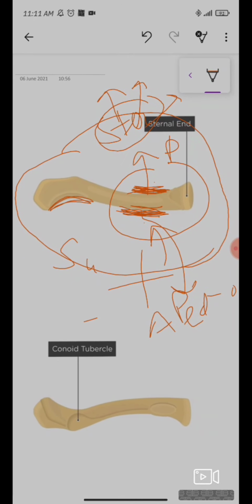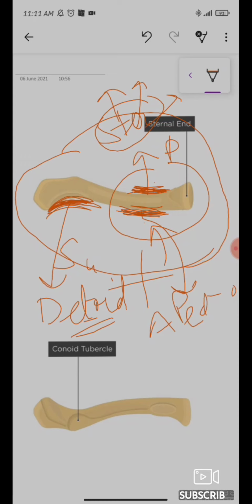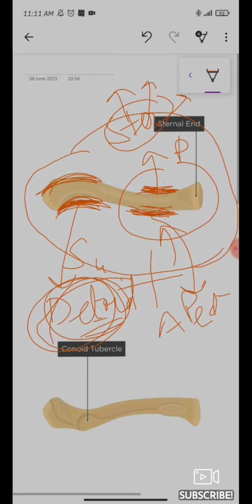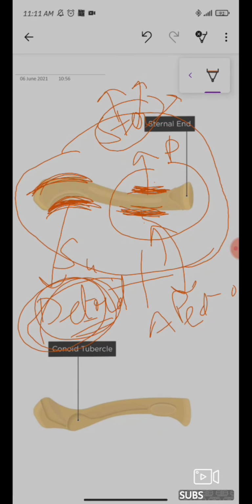Now here, this is the anterior part of lateral 1/3, which provides origin for the anterior fibers of deltoid muscle. This is the posterior part of the superior surface, which helps in the insertion of trapezius muscle.